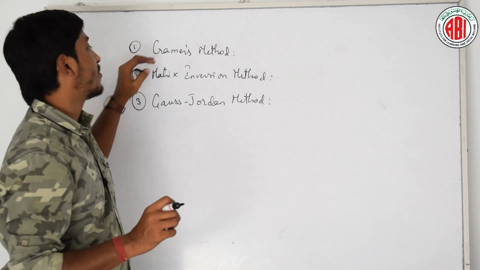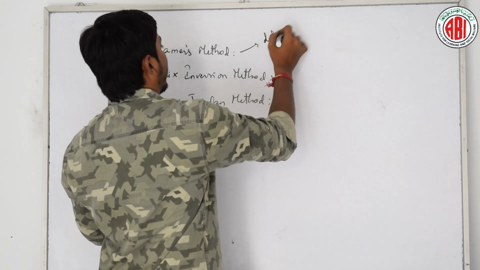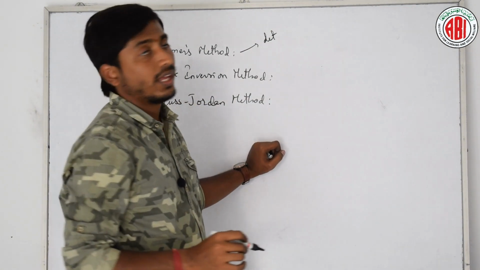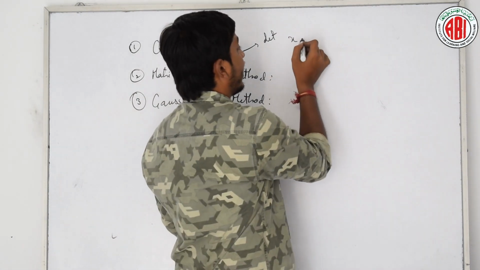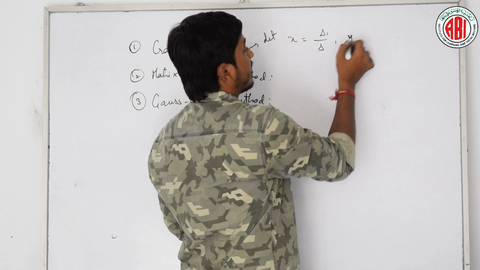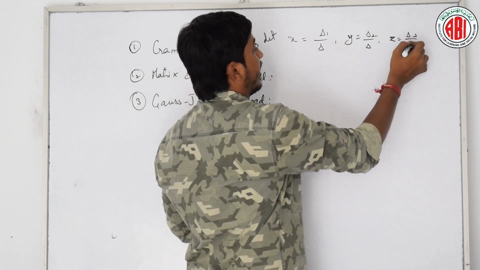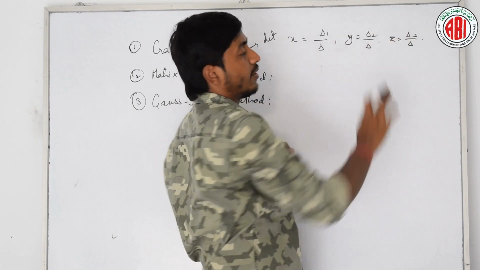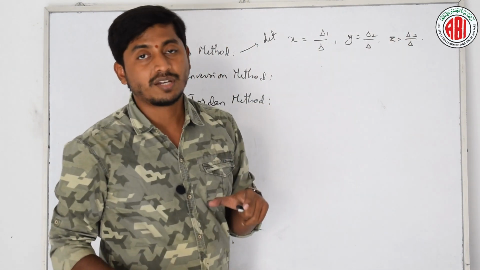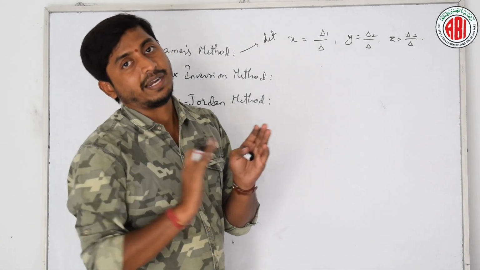Cramer's method is purely based on determinants. That is, we will directly get the values of x as delta 1 by delta, y as delta 2 by delta, z as delta 3 by delta, where delta 1, delta 2, delta 3 are the coefficient matrices in which one column is replaced by the constant matrix.